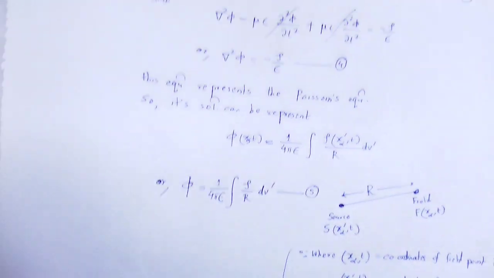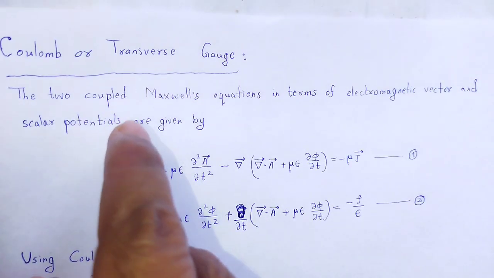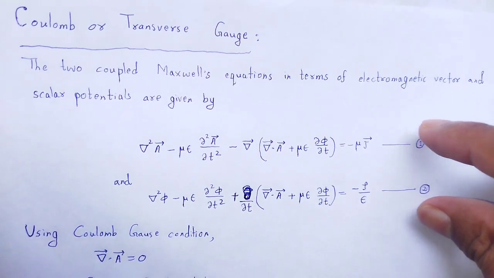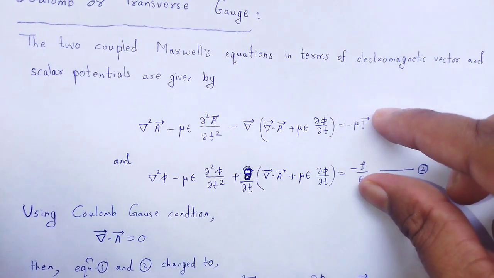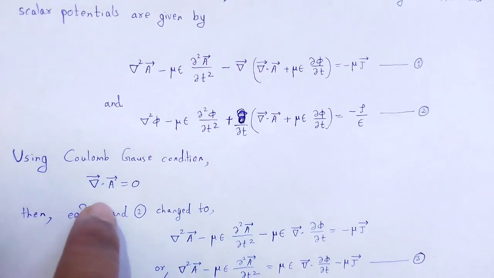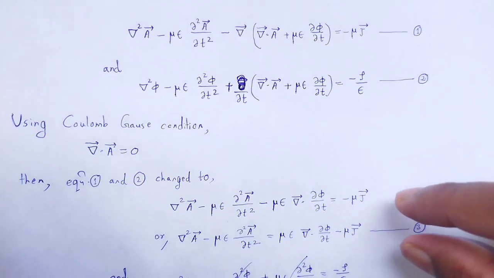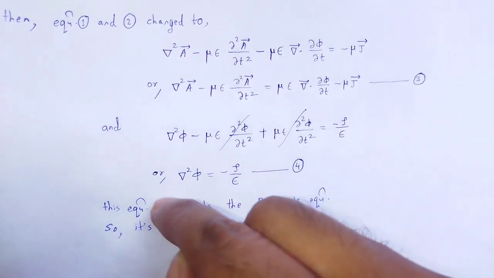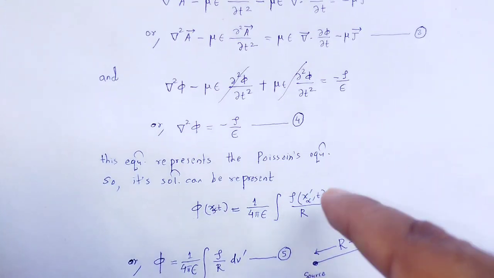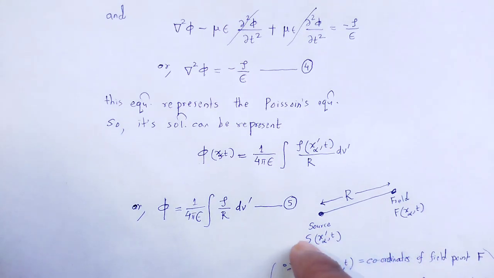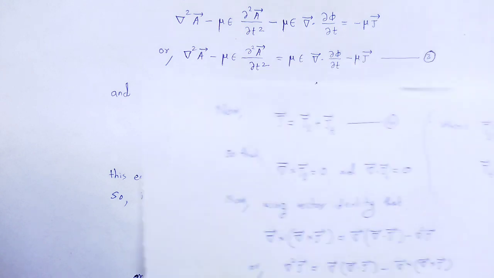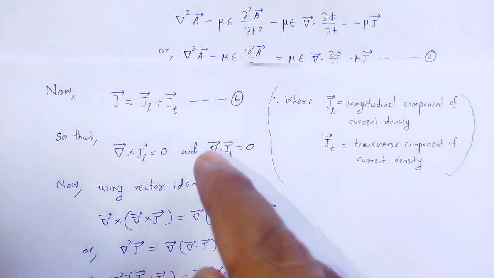So, with the help of this video lecture, we understood the concept of the Coulomb or transverse gauge by using two coupled Maxwell's equations in terms of scalar and vector potentials. With the Coulomb gauge condition, grad dot A vector is equal to 0, these equations reduce to equation number 3 and equation number 4. Equation number 4 is the Poisson's equation and its solution. Again, the solution of equation number 3 can be obtained by using current density.